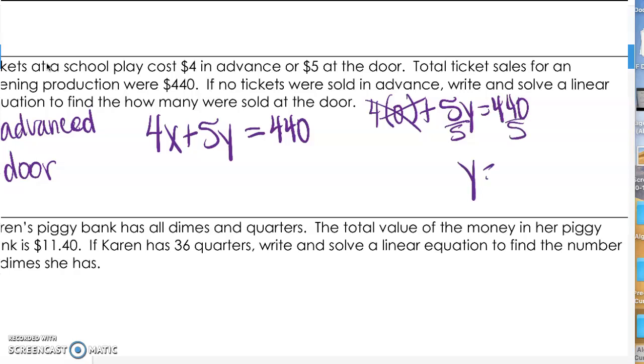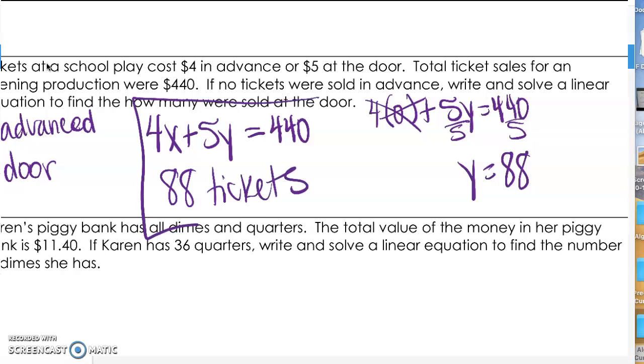Divide by 5. And we end up with 88. So 88 tickets were sold at the door. So there's the answer, both answers that you need, an equation and then an answer to the actual question.